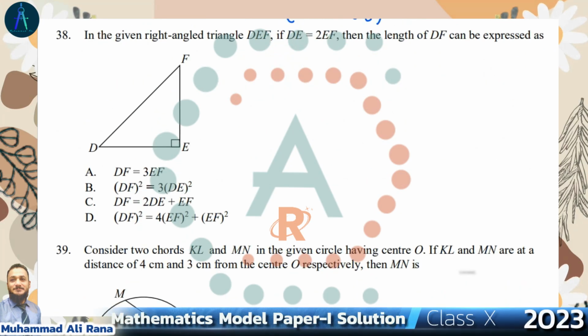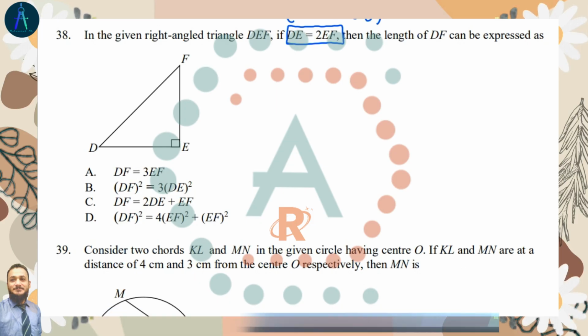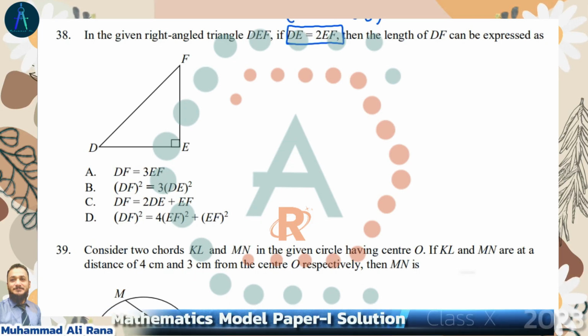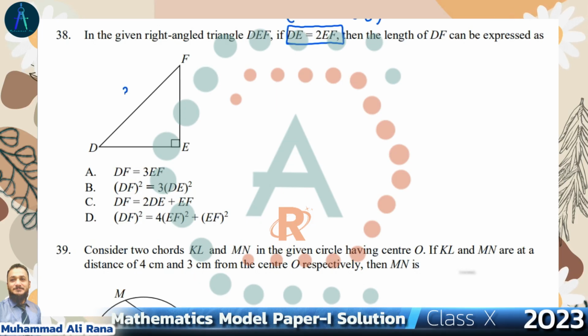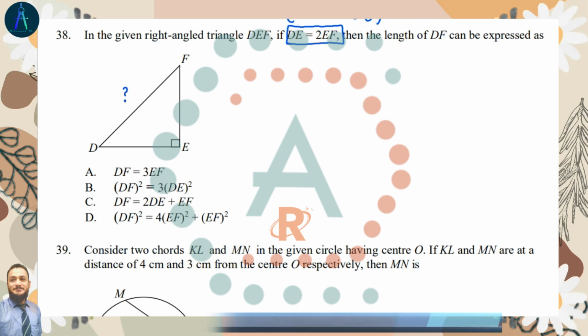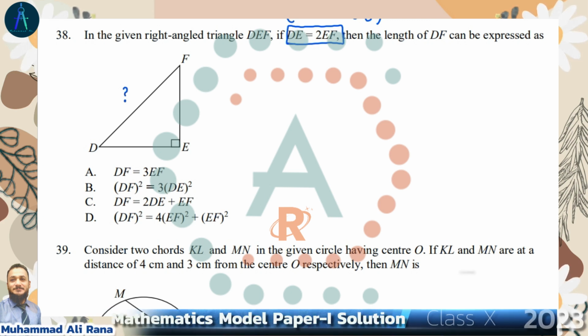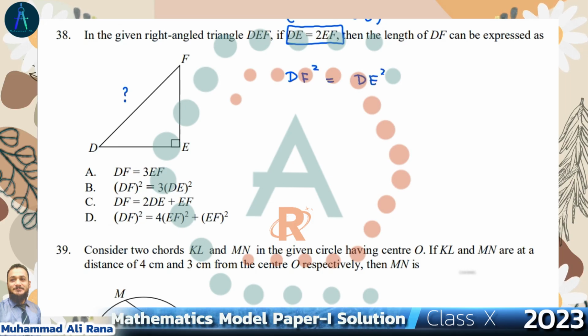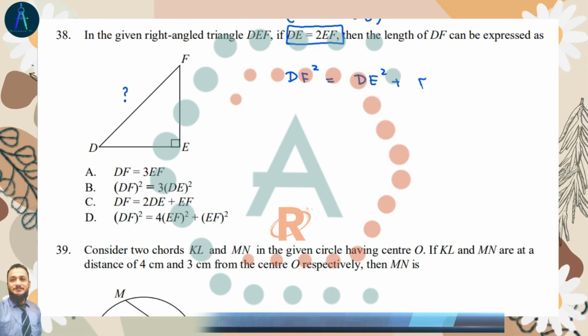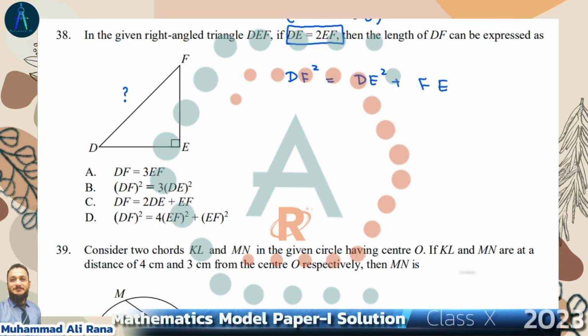In the given triangle, if DE is equal to 2 times FE, what will be the length of DF? We have to find the length of DF. The length of DE is 2 times FE. So first of all, let's form the Pythagoras theorem expression: DF square is equal to DE square plus FE square.